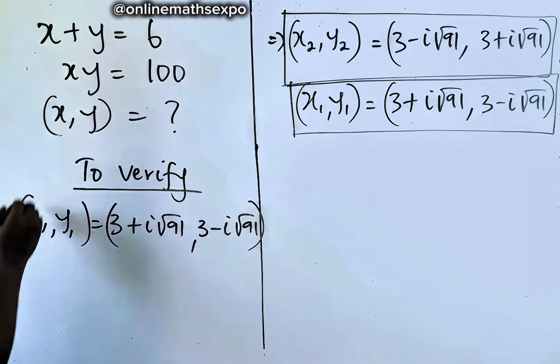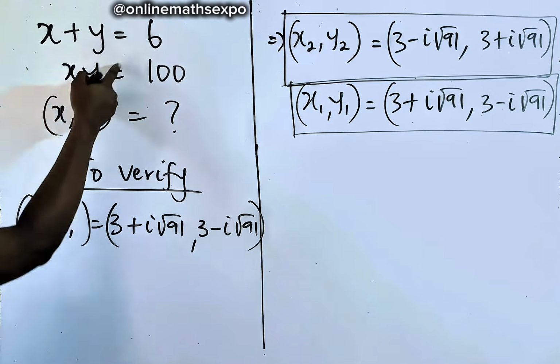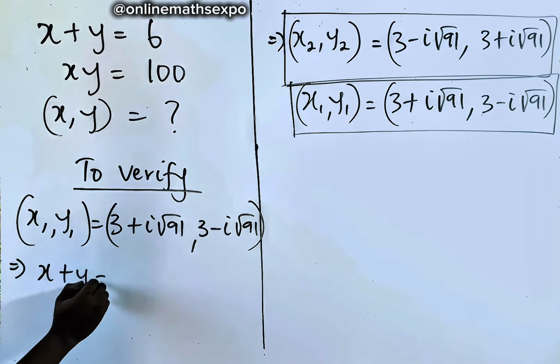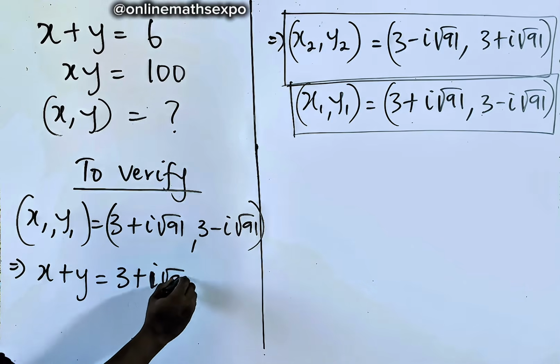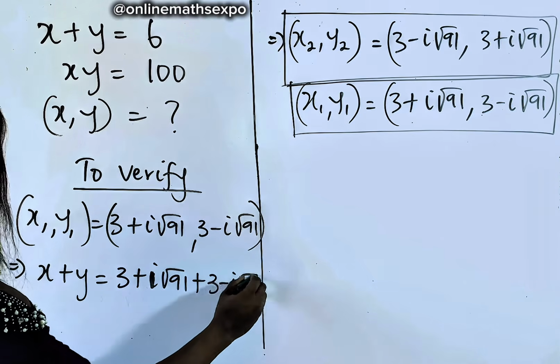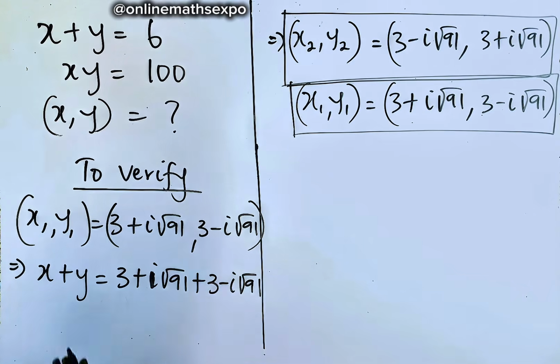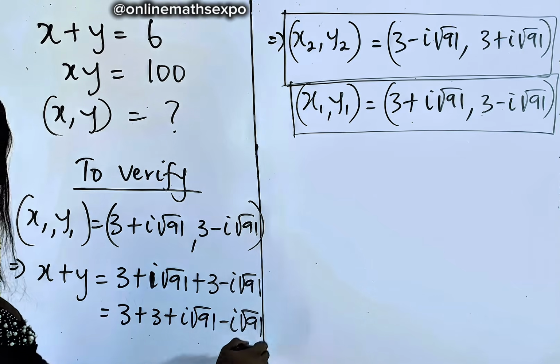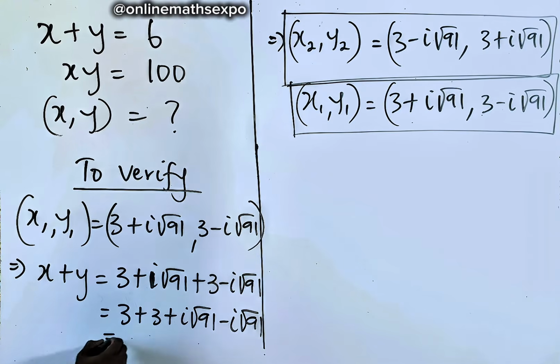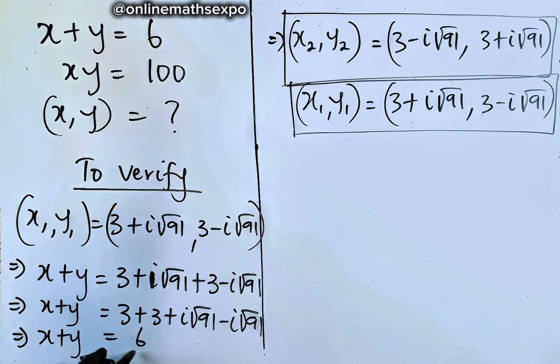So x plus y will give us 3 plus i root 91 plus 3 minus i root 91. Collect like terms: 3 add 3, plus i root 91 minus i root 91. If you add, it gives us 6. If you subtract, the i root 91 is gone. So you see that x plus y is giving us 6, and that is what we have in equation 1.